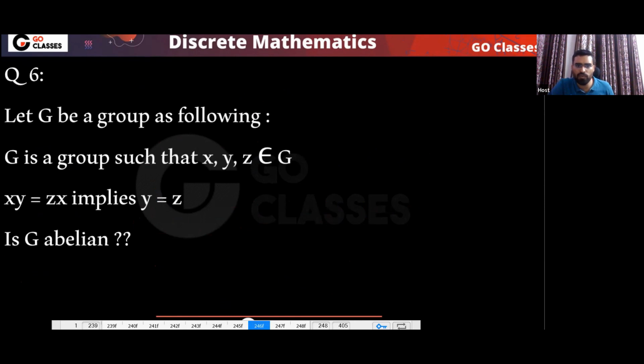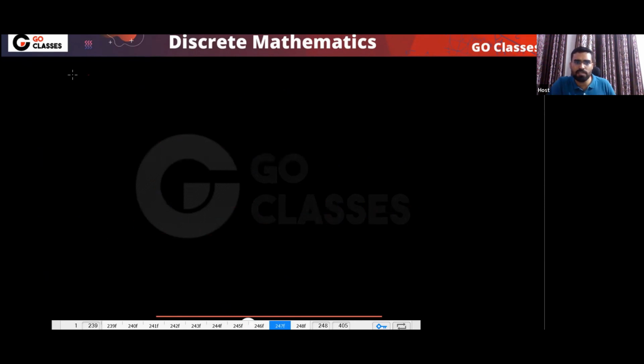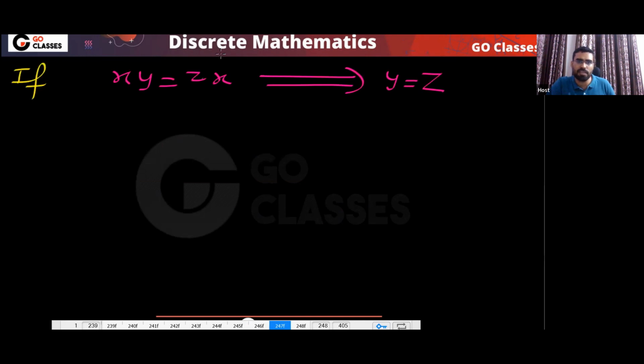Let's prove it. How will you prove it? If this happens, meaning xy equal to zx implies y equal to z, then can I say that it will be an abelian group?